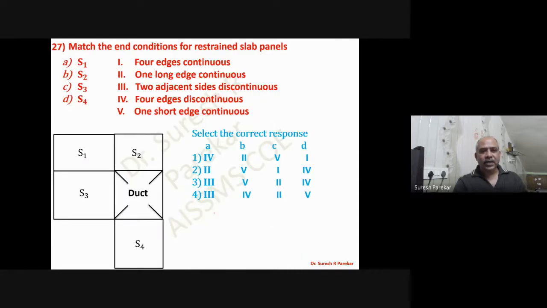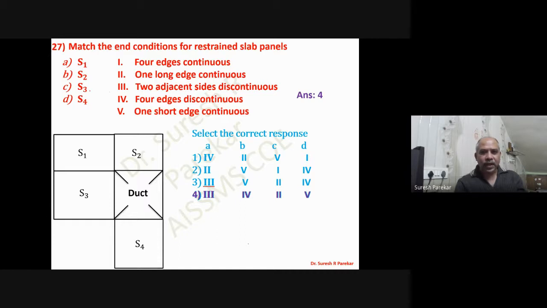Match the end condition. So S1 we have at 2 adjacent edges discontinuous. So S1 we have 3. S2 we have one short edge continuous. So S1 3, S2 5. So A we have 3 and B we have 5. So we have option that is 3. Sorry. S2 we have one short edge continuous.